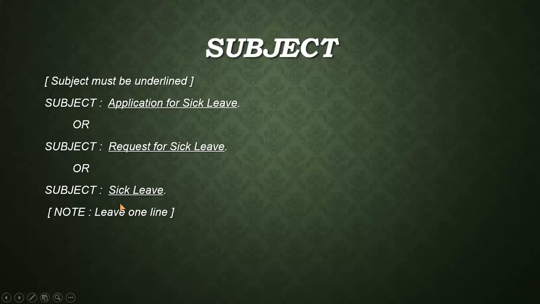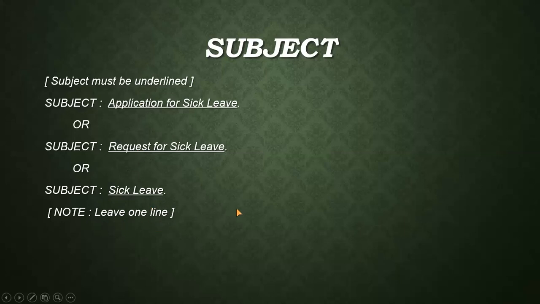Now you can see that I have underlined all the subjects here. I have given you three ways to write the subject, but I have underlined them properly. So whenever you write the application in your journals, in your copies, you have to underline by using a scale and pencil. Please don't make any other lines without using a pencil. There is a note again: leave one line.